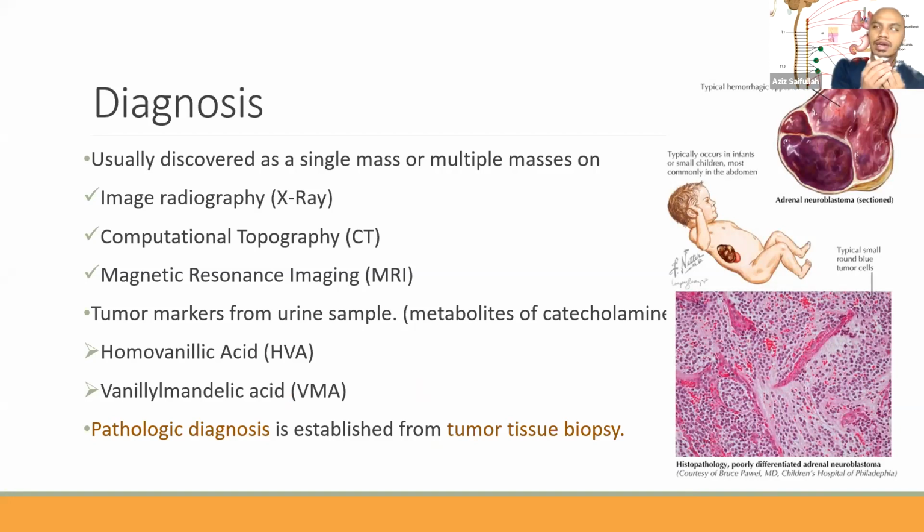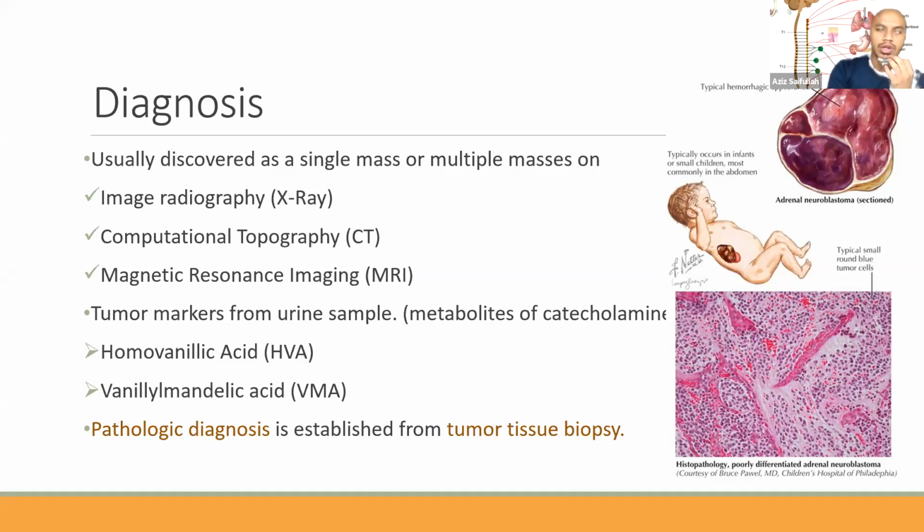Both of these are metabolites of catecholamines. As we all know, when there is an increase in the sympathetic nervous system, there is an increase in catecholamines, which are epinephrine and norepinephrine. So the metabolites from the degradation of these two catecholamines result in increased HVA and VMA in the system. So it will be secreted into the urine. So the tumor markers will show an increase in HVA and VMA.